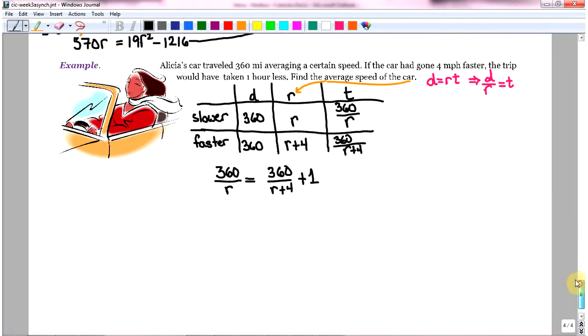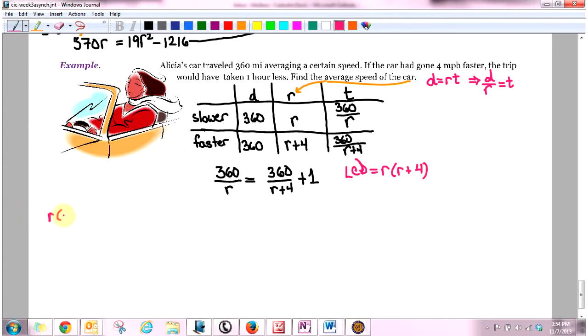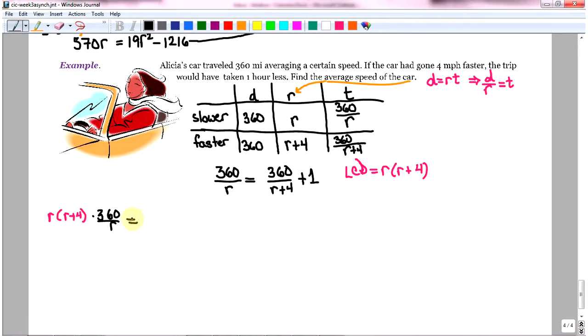So like the last problem, what we need to do is get our least common denominator, which is going to be r times r plus 4. So we're going to multiply both sides of the equation by that expression. Okay, we're going to do the same thing on the right side.